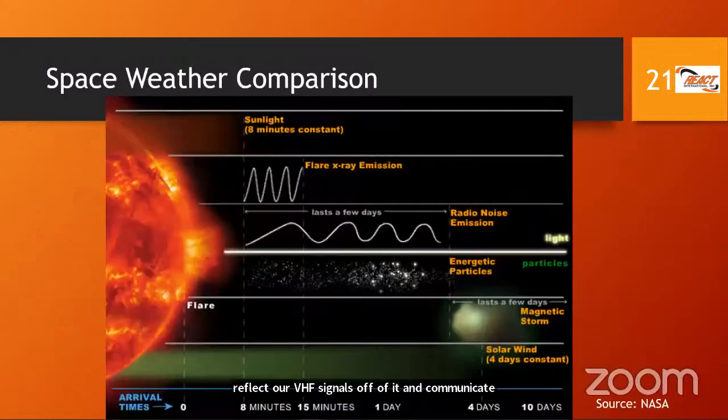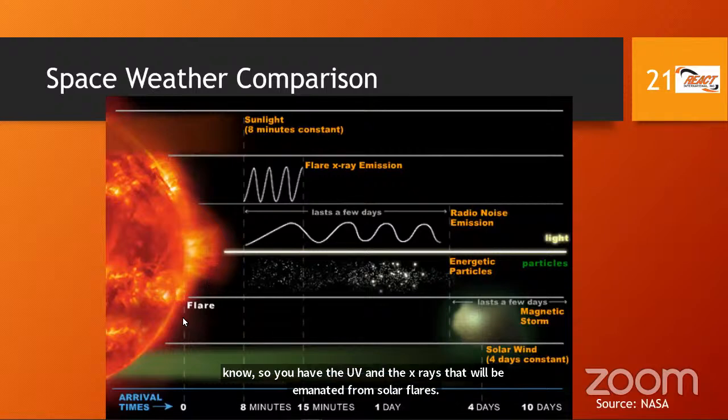So we have a slide now that just sort of compares and contrasts some of these space weather related activities. So you have the UV and the X-rays that will be emanated from solar flares. You have the usual solar wind. You have a CME, and you have different timelines as well.